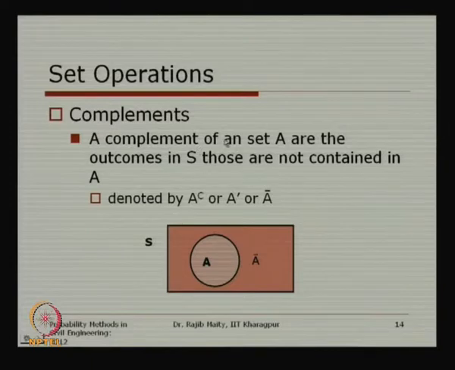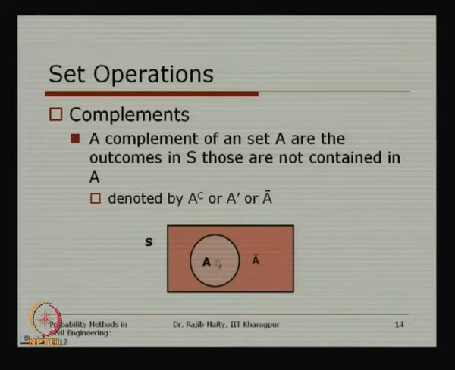The complement of a set A is the outcomes in S that are not contained in A. Suppose this is the full sample space and there is one event A. The complement of A is the set which does not belong to A. If the even numbers in a dice-throwing experiment form one event, then the complement of this set is the odd numbers.